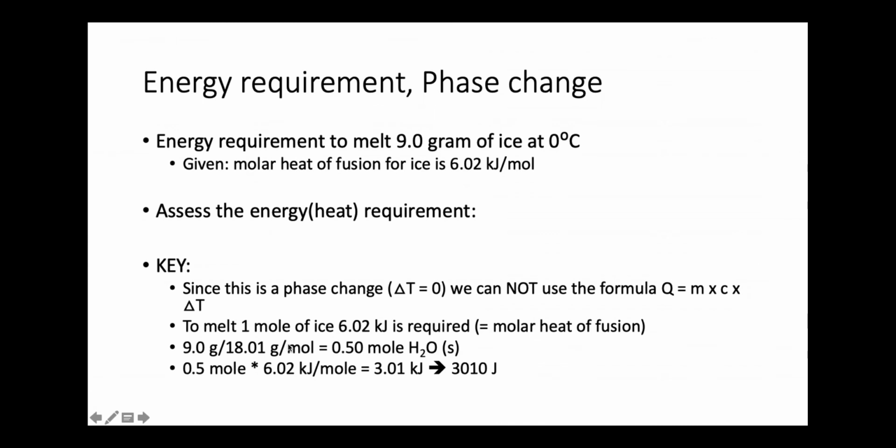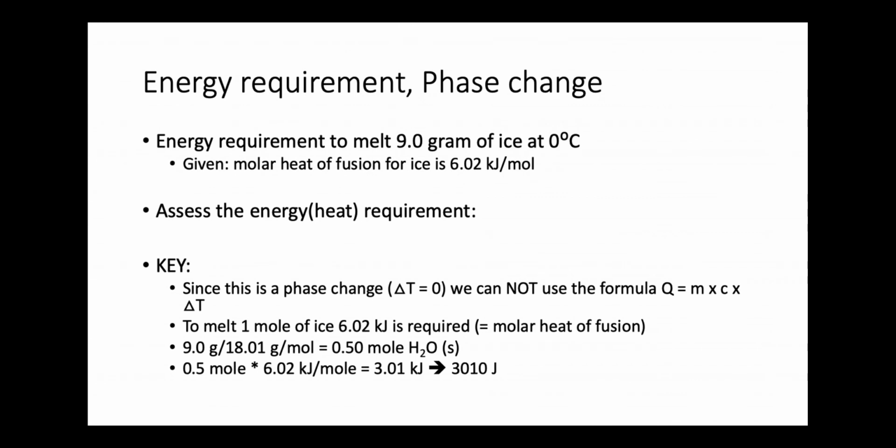So I have to calculate the number of moles. Remember, mass divided by the molar mass gives me the number of moles. 9 divided by 18 grams per mole for water gives me 0.5, or half a mole of H2O. Combining it with the kilojoule per mole, 0.5 times 6.02 kilojoule per mole results in 3.01 kilojoule or 3010 joules. So now we calculated the energy used for two of the steps of my curve.